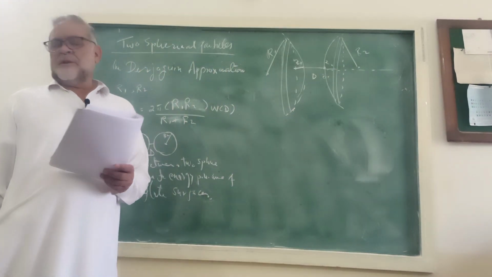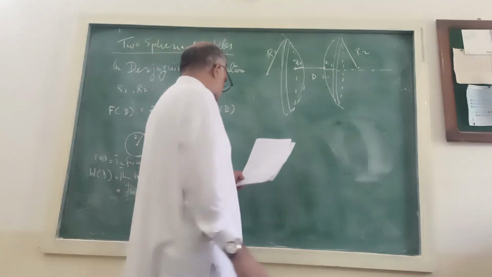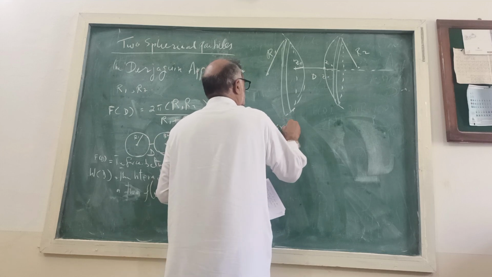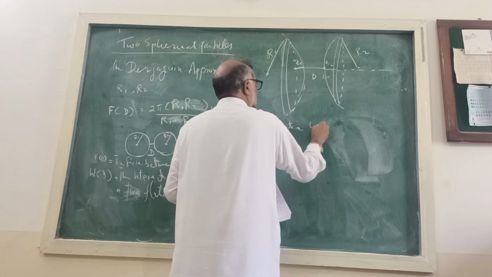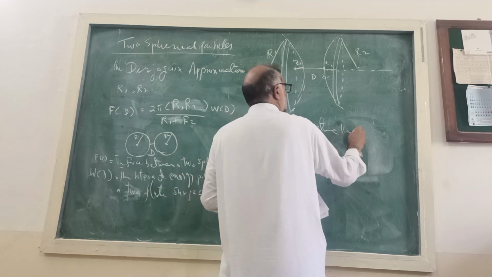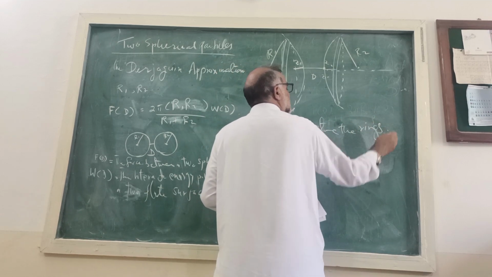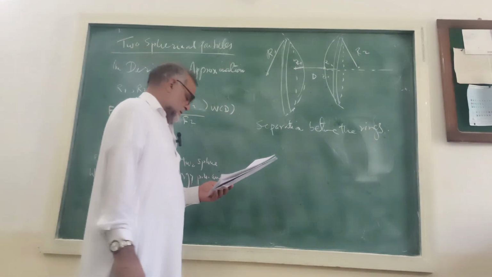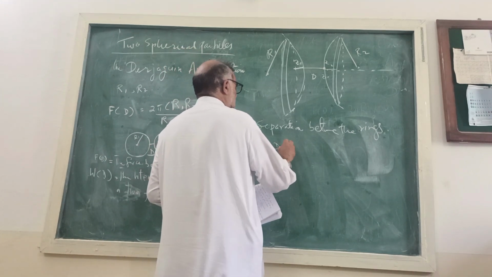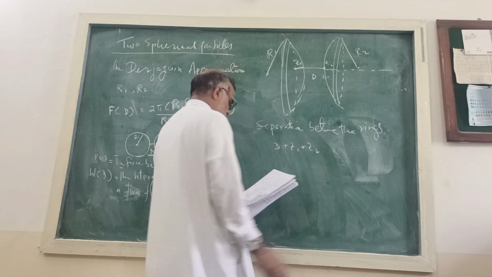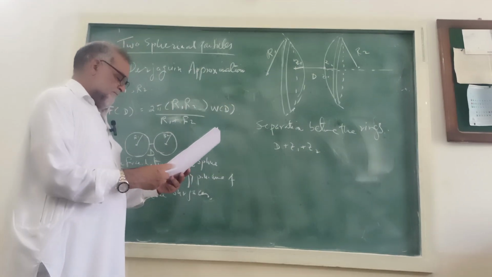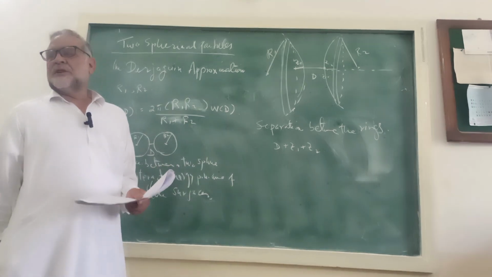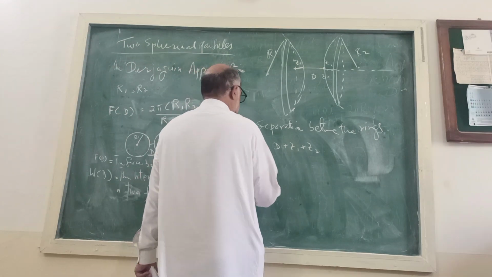The two rings are separated by a distance of what? The separation between the rings will be D plus Z1 plus Z2.